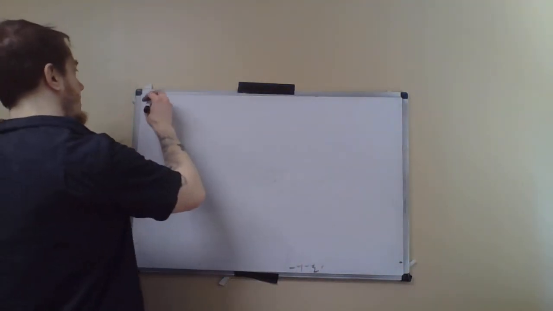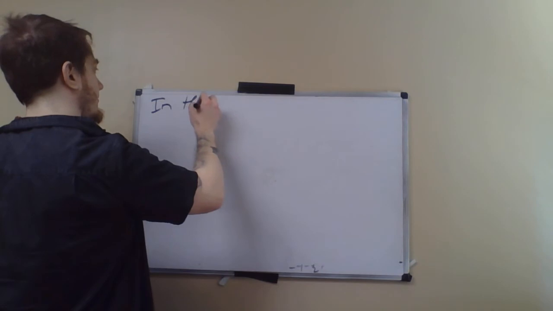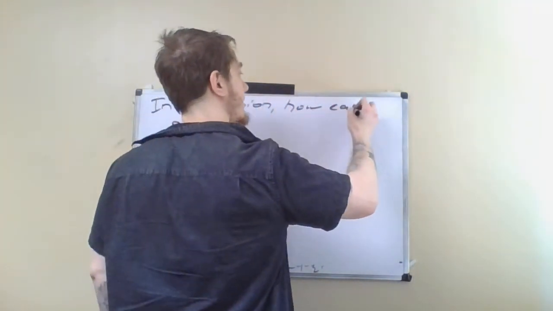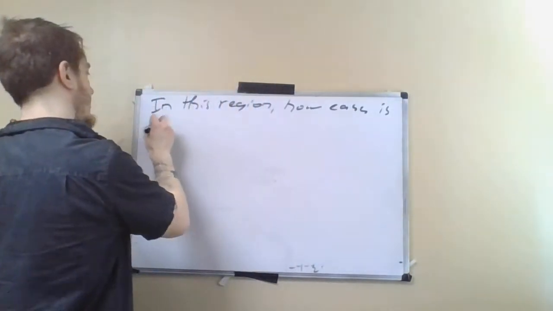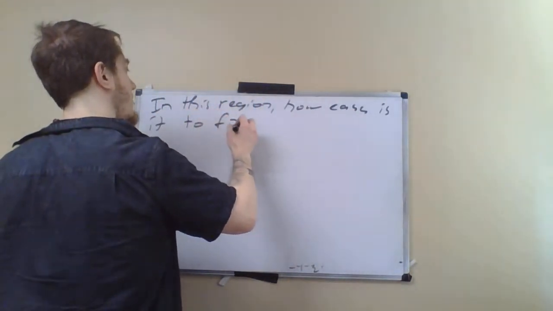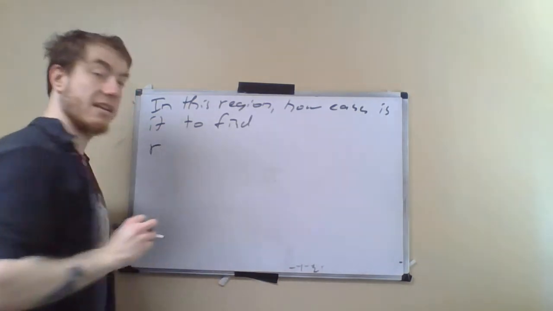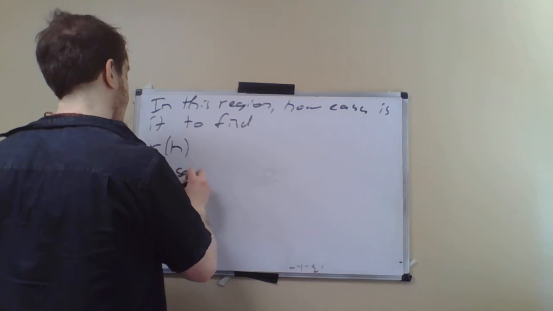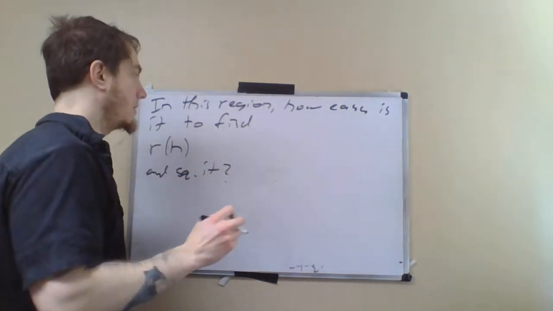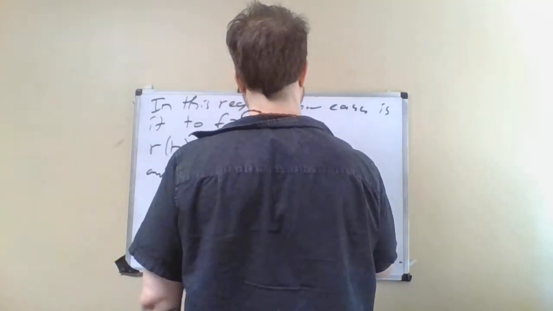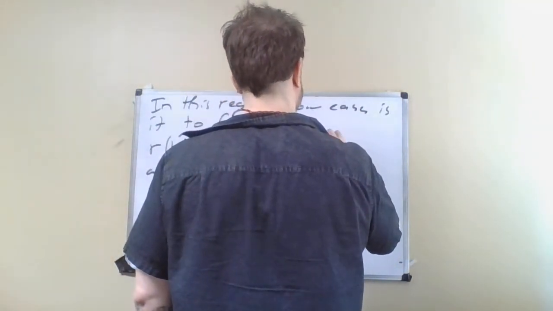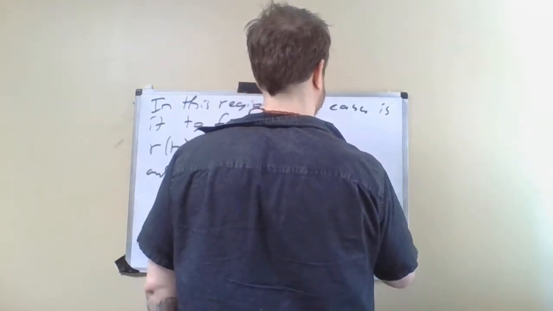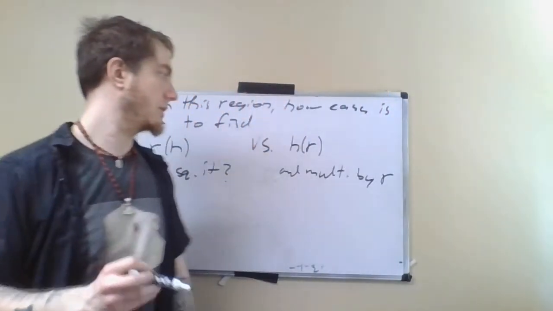In this region, how easy is it to find the radius as a function of height and square it, versus how easy is it to find the height as a function of the radius and multiply by the radius?